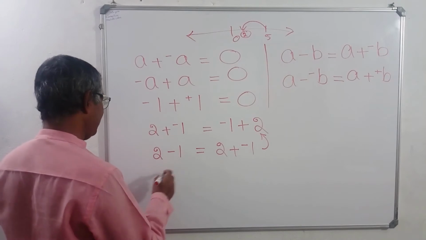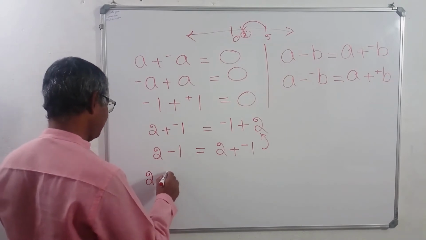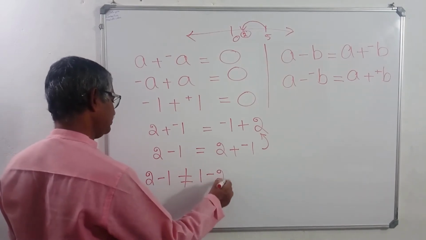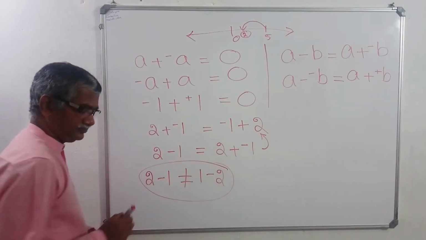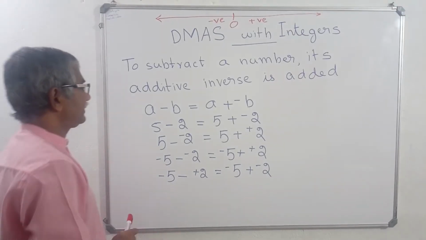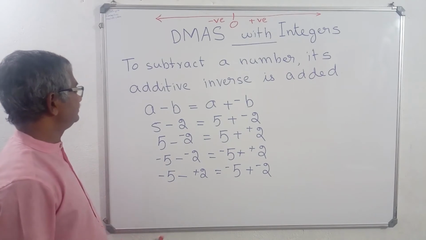2 minus 1 is not equal to 1 minus 2. You know it. Let us consider the subtractions.